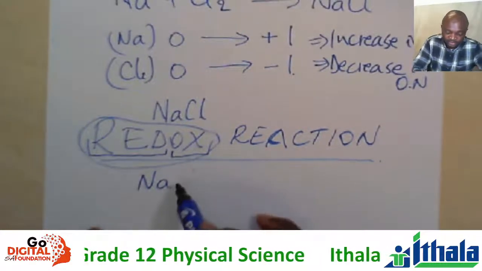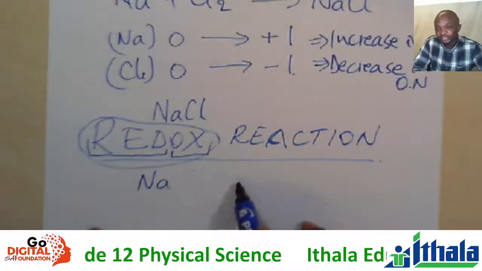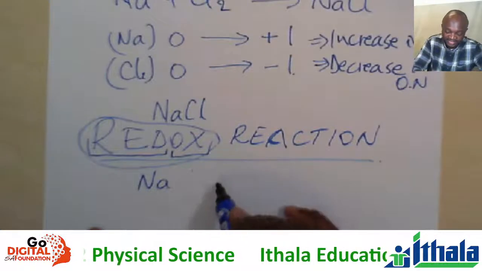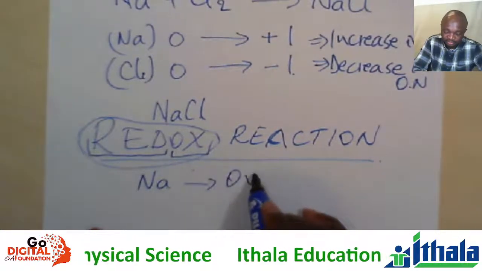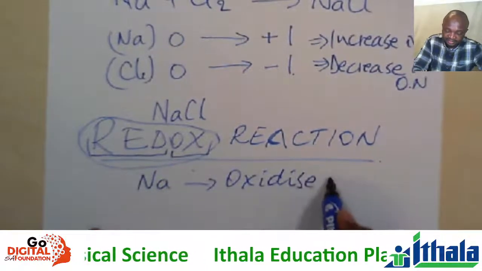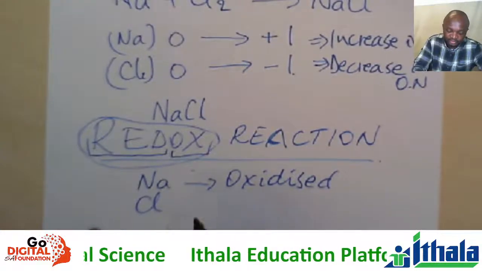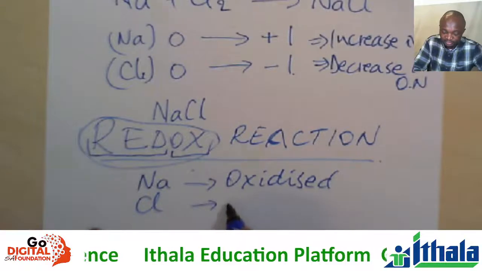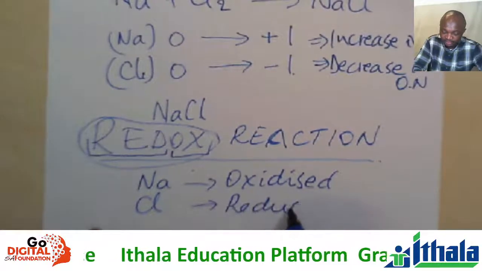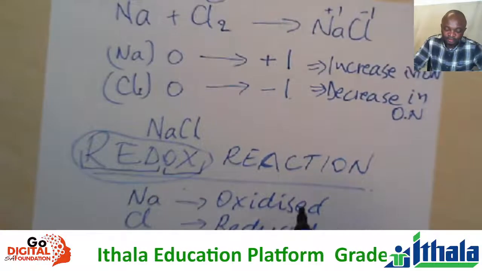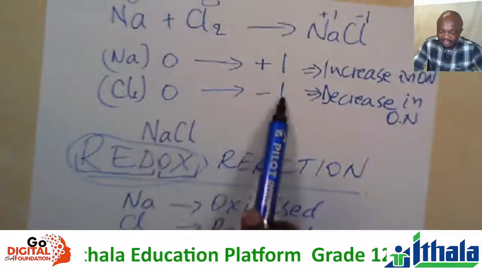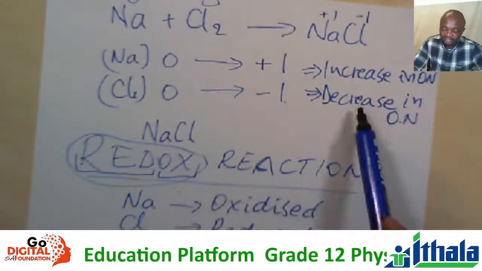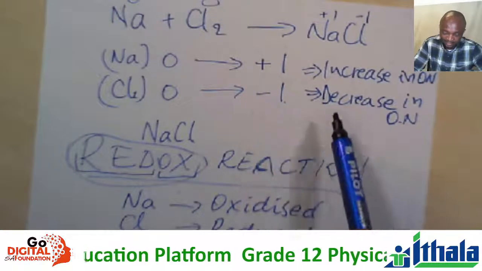Right? So we say a substance that loses electrons is oxidized. Sodium is oxidized. Right? Now with chlorine, chlorine gained electrons. The substance that gains electrons is said to be reduced. It is reduced because its oxidation number goes from 0 to negative 1, so it decreased by 1.